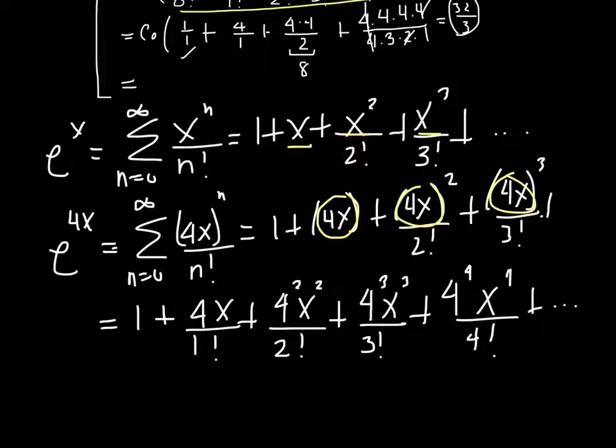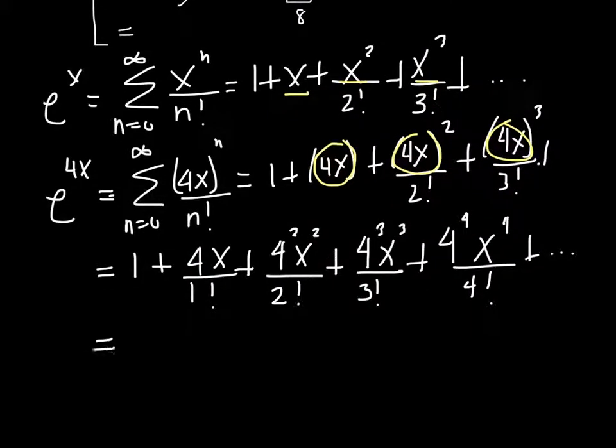I know this looks very similar. It's familiar to e to the x because I have x to some power over factorial. The only difference is that 4.